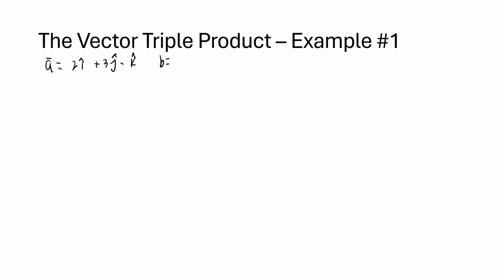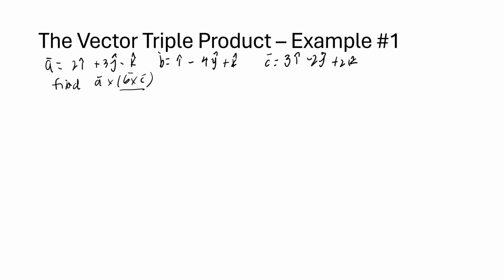The B vector is i minus 4j plus k, and then the C vector is going to be equal to 3i minus 2j plus 2k. So what we want to do is find the vector triple product, A cross B cross C. That's what we're looking for.